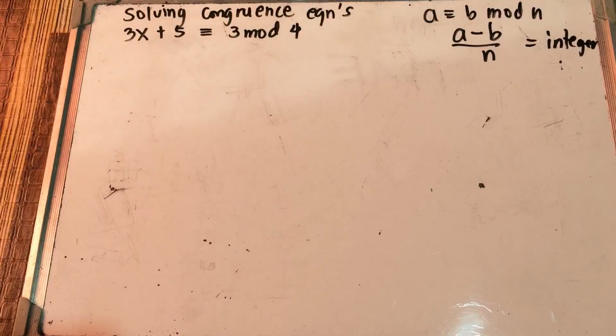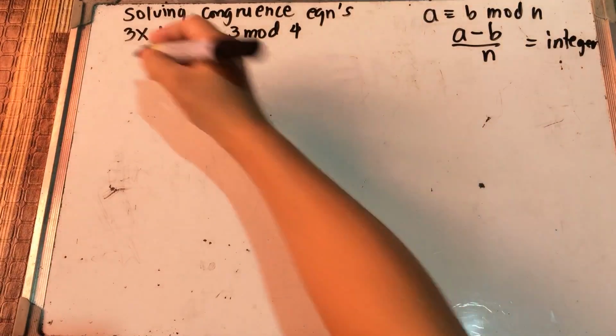So, let us have an example. Given the congruence 3x plus 5 is congruent to 3 modulo 4. We have to solve the given congruence by finding all the possible values. Ang ating possible value must be a whole number. So, magsimula tayo sa x equal to 0.